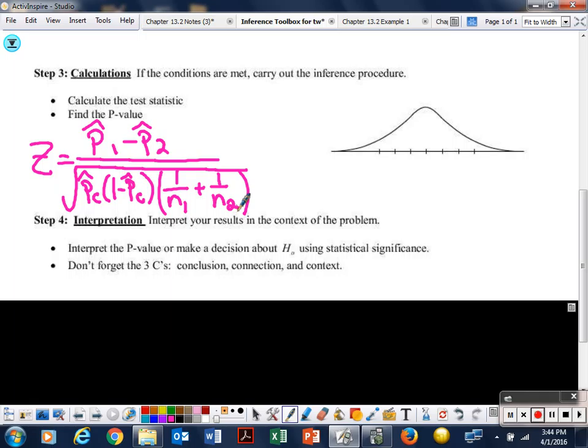Okay? Don't forget to draw your picture. Don't forget, we're going to, again, what I call backloading. We're going to backload the numbers into our formula from the calculator.